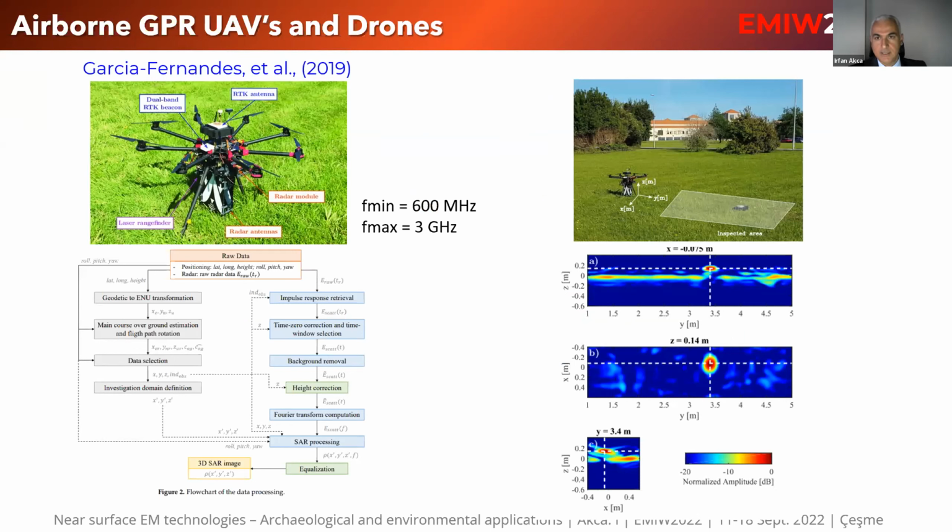For example, Garcia and Fernandez used a high-frequency GPR system to detect unexploded ordnance, which is very close to the surface. Because of the frequency used, the penetration depth of the GPR method using drones is not very high, so it's mainly focused on very near-surface targets.